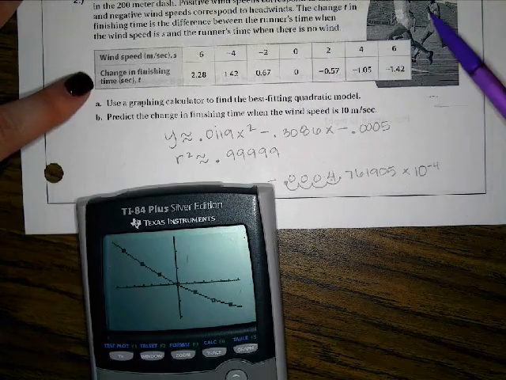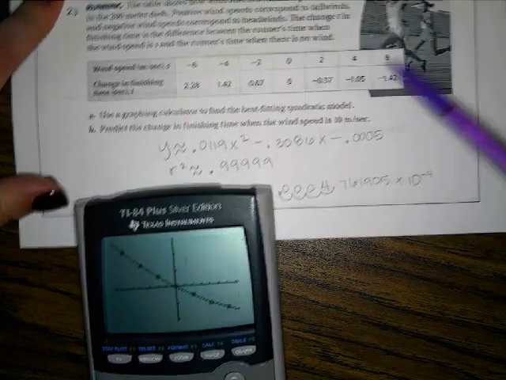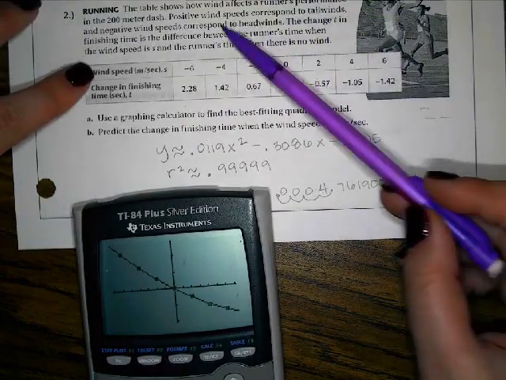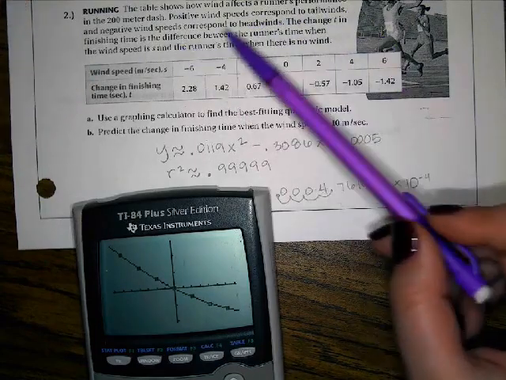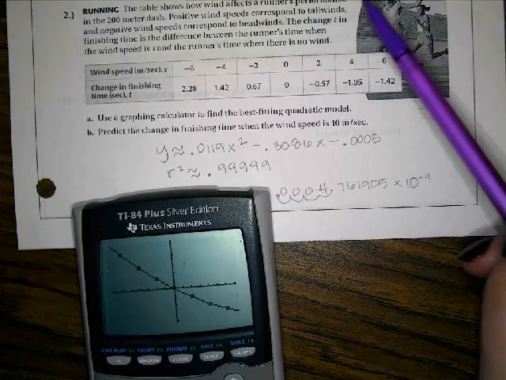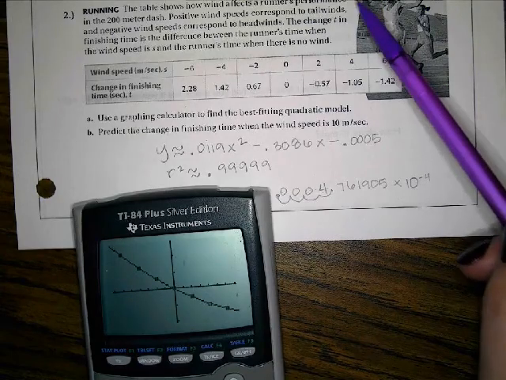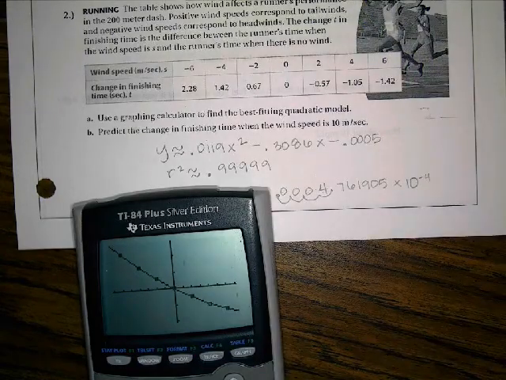So this is a problem about track. And they said positive wind speeds correspond to tailwinds, negative wind speeds correspond to headwinds. So they're just talking about if you're running, if the wind is in your face, against you and slowing you down, or if the wind is behind you and pushing you forward.